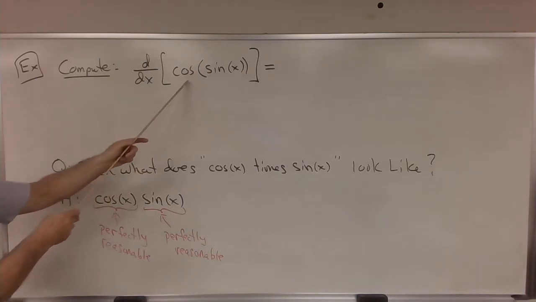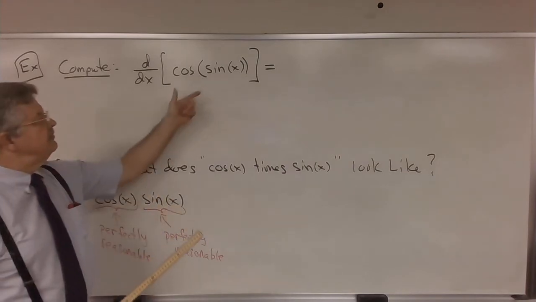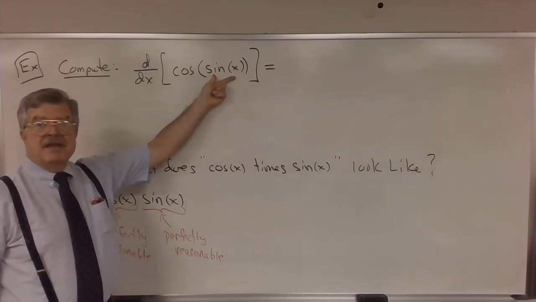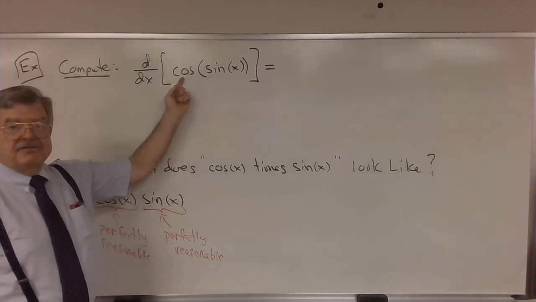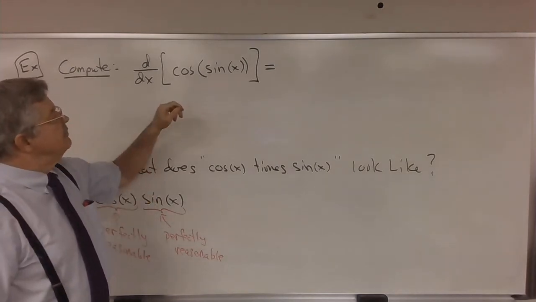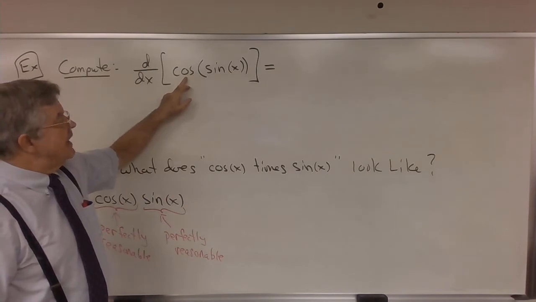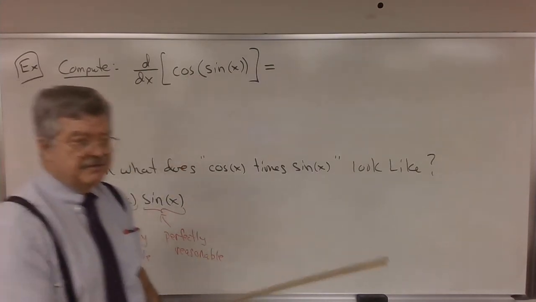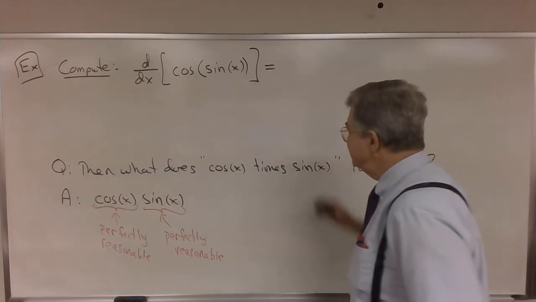But cosine, sine of x, the only way that this can make sense mathematically is if sine of x is the function that we're plugging into the cosine function. The only way it makes sense mathematically is if this is function composition, and cosine is the outer function, and sine of x is the inner function. So we will proceed now with that understanding.